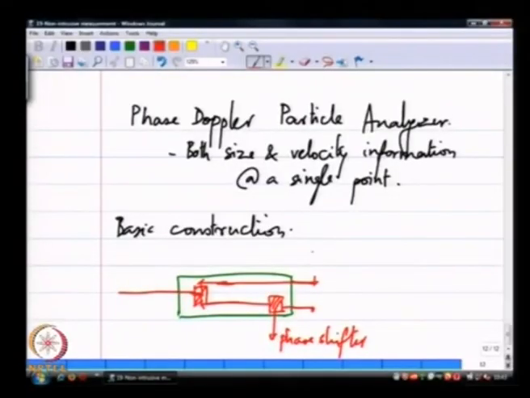So, if I plot the wave intensity or wave amplitude as a function of time, if the top beam has an intensity that looks like that, on the same plot the bottom beam may be slightly shifted in phase.